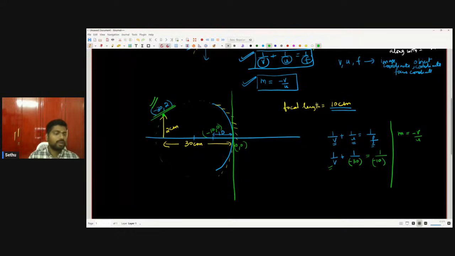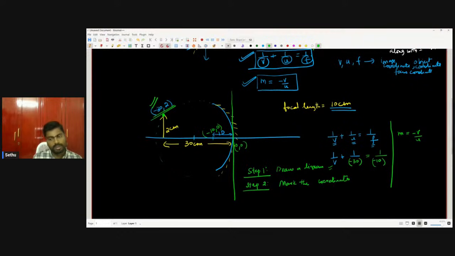So, step 1, draw a diagram. Step 2, mark the coordinates. Step 3, substitute.